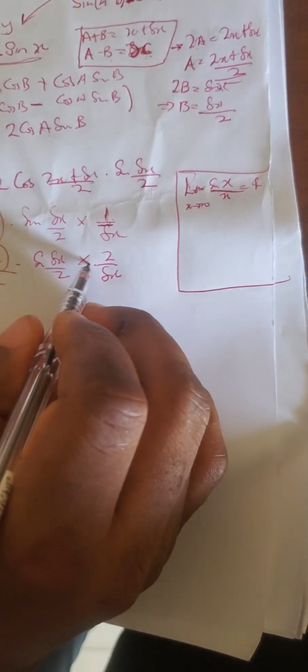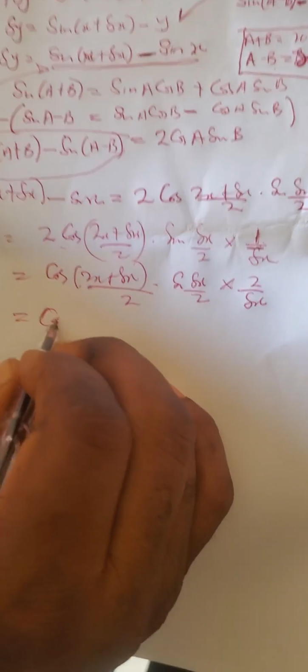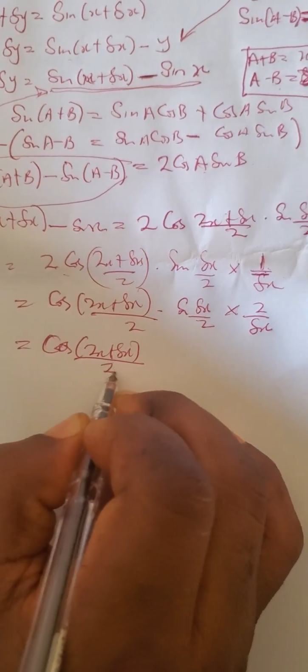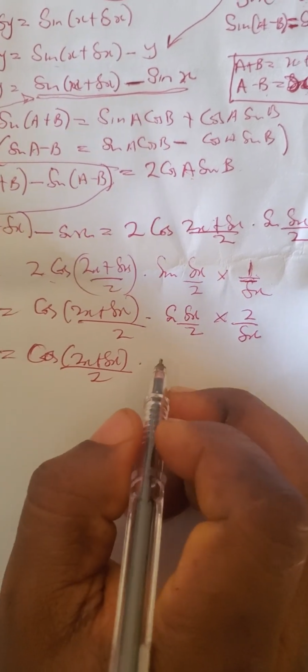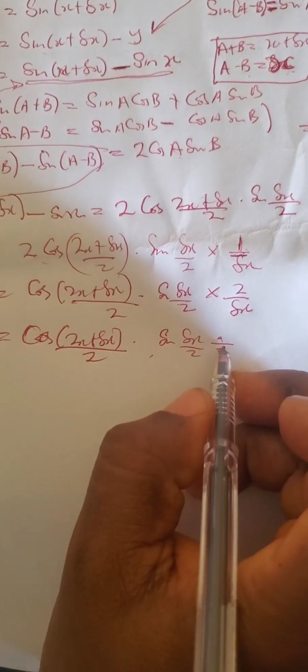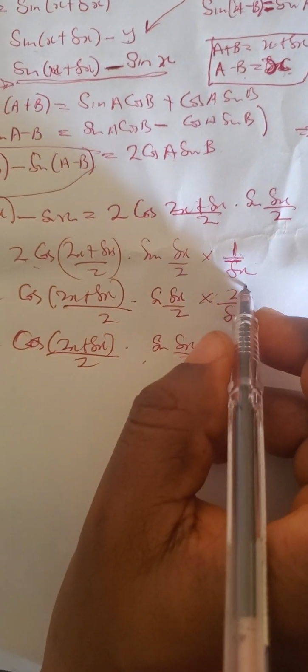Now, for me to be able to have an expression of this division, I can convert this one to division so that whatever that is up here will be down there. So what I'm going to have now is going to be cos 2x plus delta x divided by 2, then times sine delta x all over 2 divided by, if I say divided by, then this times means this one will go up, this one will come down.